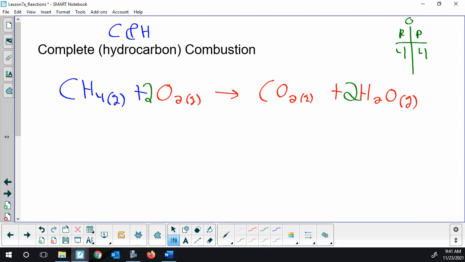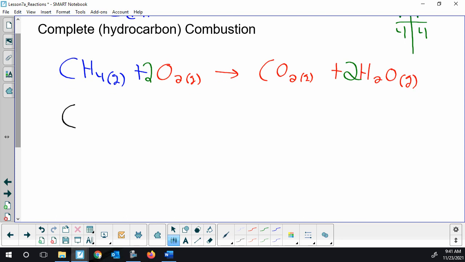Last example of this lesson. We're going to burn propene this time. A question could be as simple as C3H6 is burned. I would expect you to know, okay, plus oxygen, CO2, and water. Burned, combusted, reacted with oxygen.